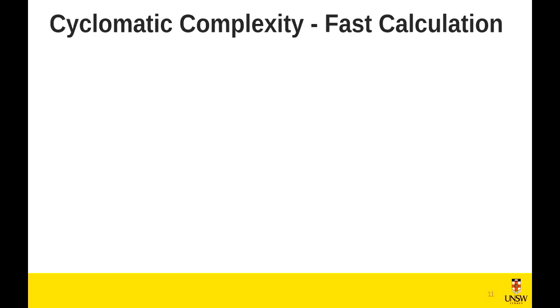So why do we care about these factors that affect cyclomatic complexity? It is because just now we used a very simple example, and in reality, constructing control flow graphs could be very time consuming.